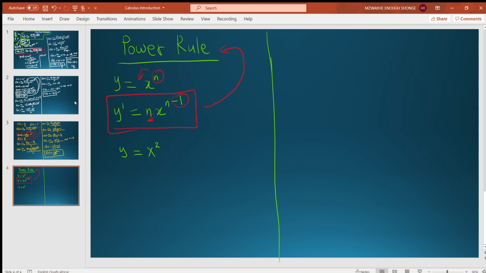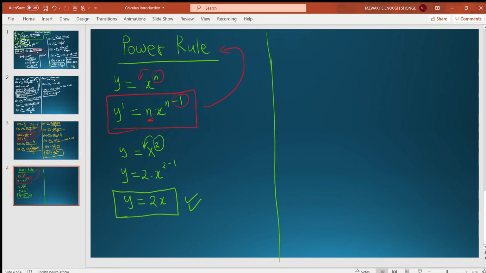Using the power rule, you say y prime equals, remember you have 2 here, so you multiply it with whatever is before x, so you get 2, then you say x to the 2 minus 1, so the answer is y prime equals 2x to the 1, which is just 2x. So this is how we found the derivative using the power rule.